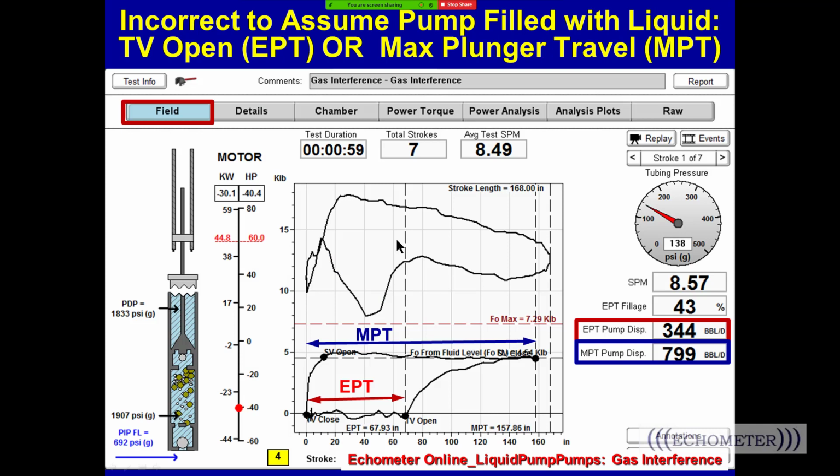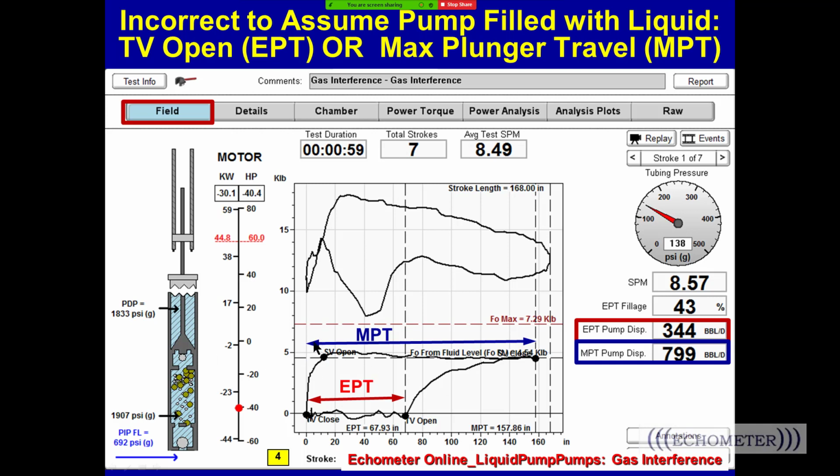So when you look in TAM at the field view, we show two pump displacements on this screen. If you select more than one stroke with the events button, it's going to be the average of those strokes. But in this case, we're just showing one stroke, stroke number 7.